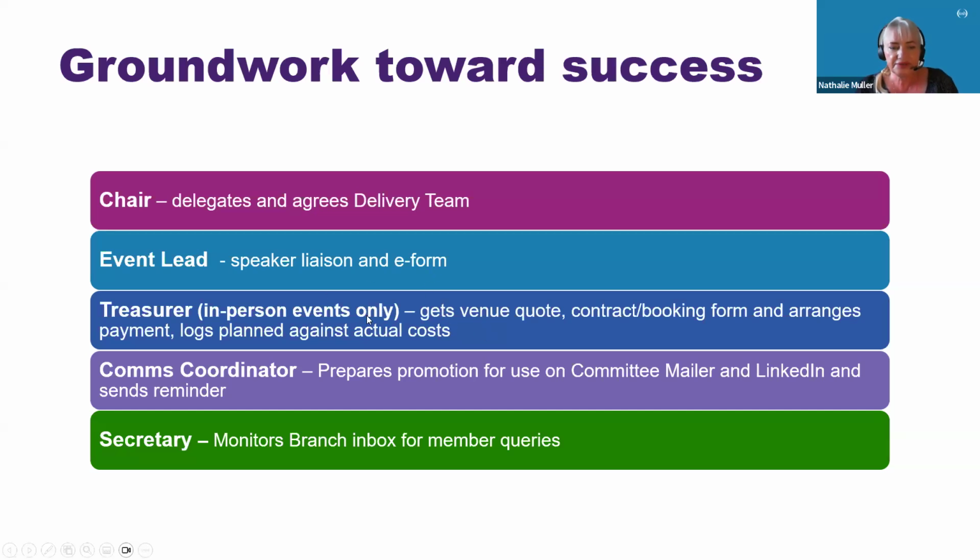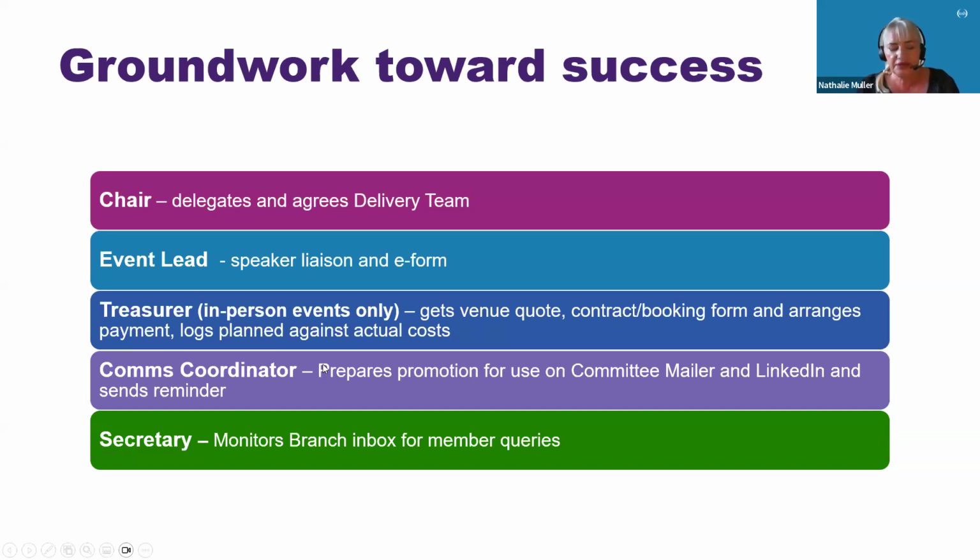The treasurer is very important. The treasurer gets the venue quote if you're looking for a new venue, and can also liaise on getting the contractor booking form and arrange payment. They also log the planned costs against the actual costs.